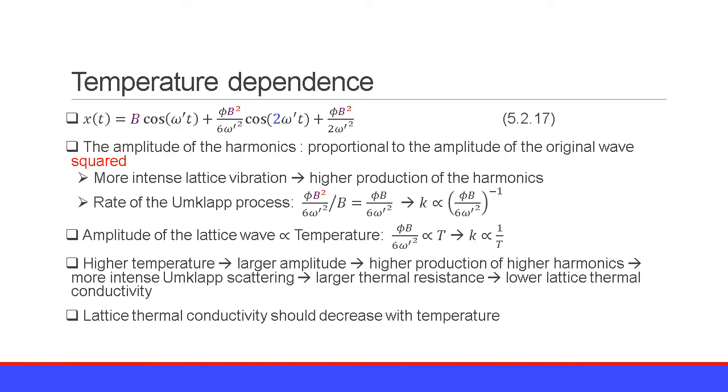Here, let us argue the temperature dependence of the Umklapp process leading to the temperature dependence of lattice thermal conductivity. Let us come back to this equation about the oscillation of the atom under anharmonic potential. You can see the amplitude of the harmonics is proportional to the amplitude of the original wave squared.